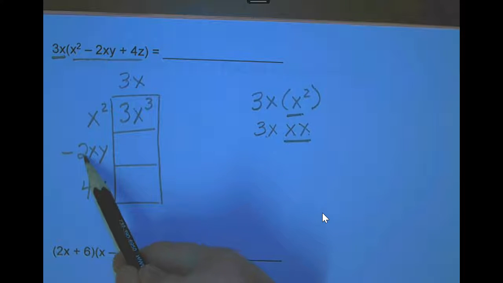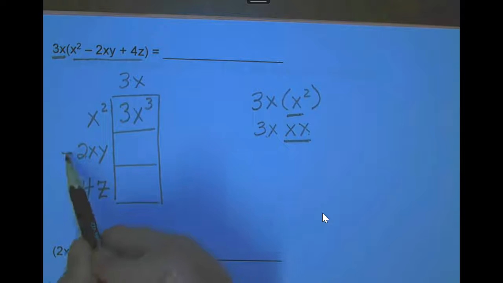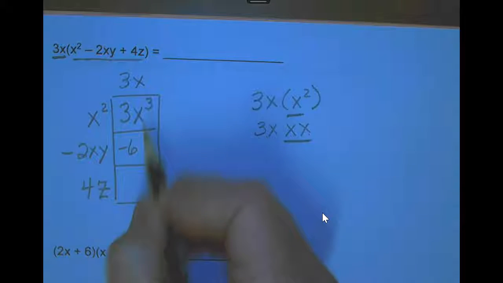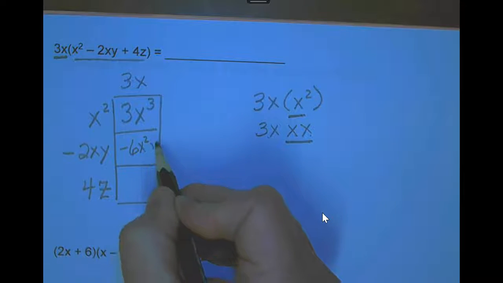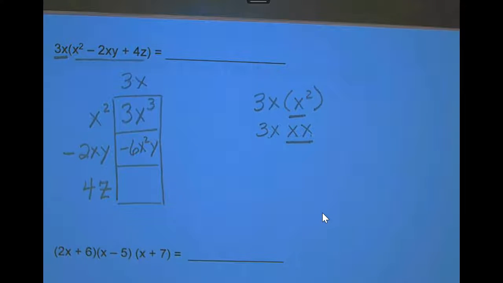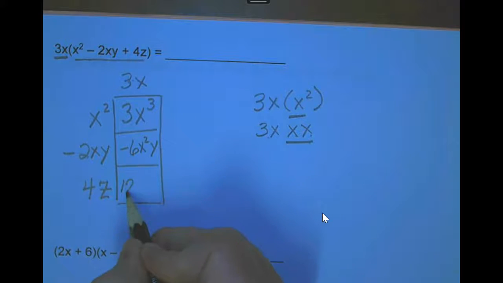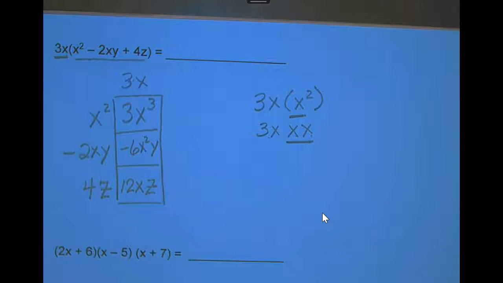When I multiply this one times 3x, negative 2 times 3 is negative 6. X times another x is x squared, and then there's also a y. 4 times 3 is 12, and then there's a times x and times the z.